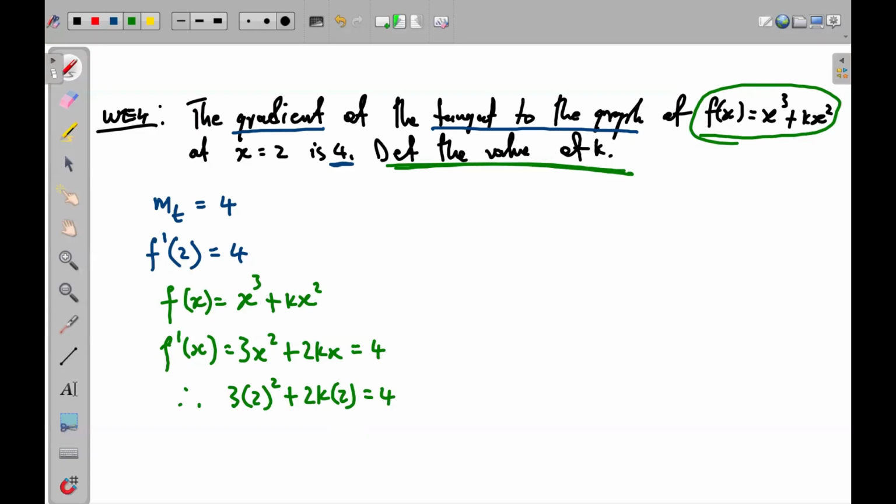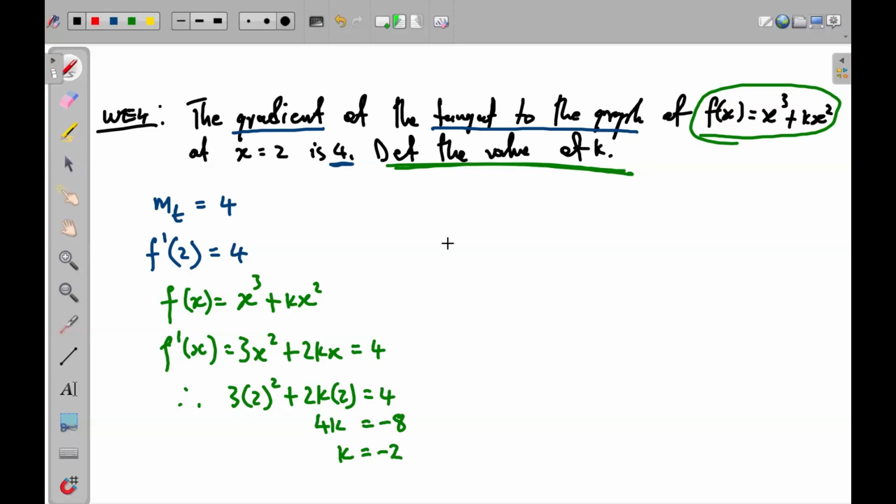Let's just check quickly here. 2 squared is 4, times 3, that's 12. So that means I have 4k is equal to 4 minus 12, which is negative 8. So k is equal to negative 2.